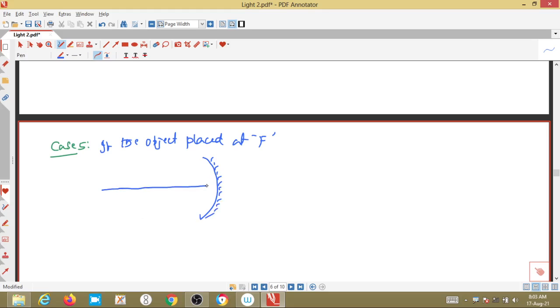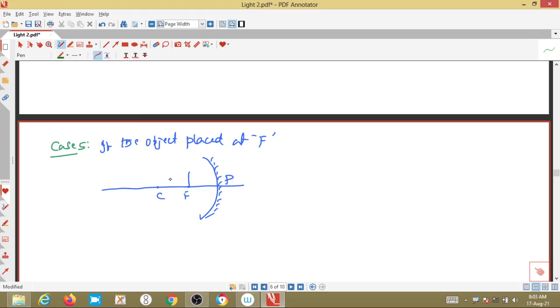This is the principal axis, this is the point P, this is the point F, and this is C, the center of curvature, and I have placed the object at this particular point. Then we will see how the image is formed.